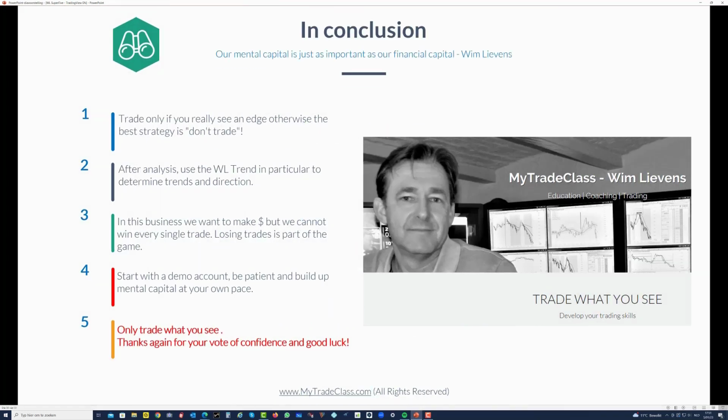It's not worth it. Now, so what's the idea? We only trade when we see an edge, when we see an advantage, when we can recognize that market conditions are good. We use trend definitions, but this WL trend tool, which is actually 2 dimensions in one, and in a very clear structured way shows you when market conditions are good.